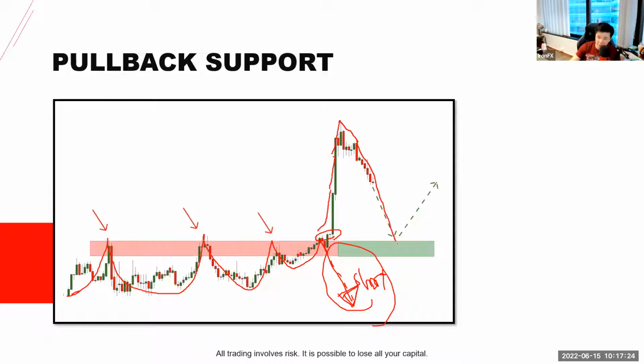And when it reaches here, the initial level where price broke out from, what do you think most people are going to do? Are they going to hold on to their position, or are they going to close off their position?